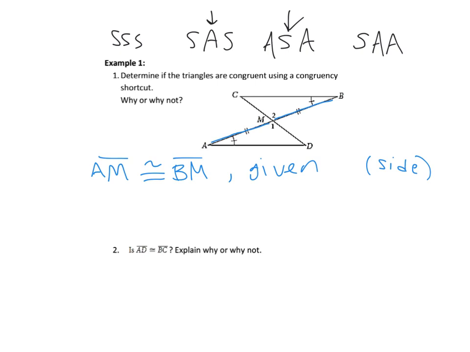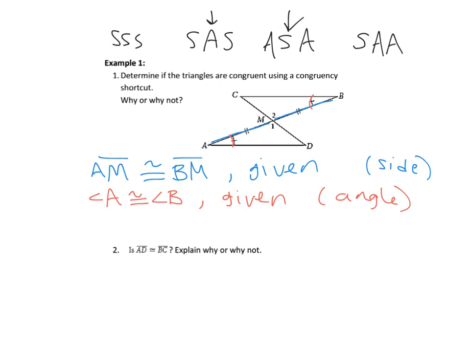Now looking back at the triangle, I noticed they gave me another mark. This angle here and this angle here. So angle A is congruent to angle B. That was also given to us because of the marks. And that's an angle.